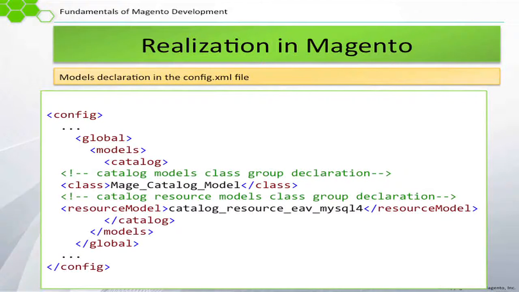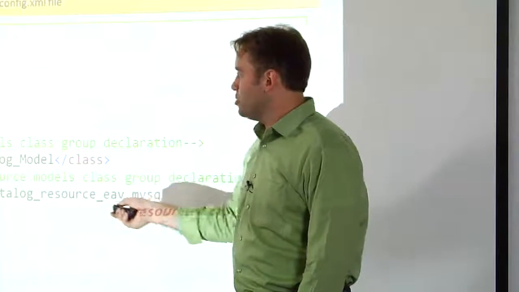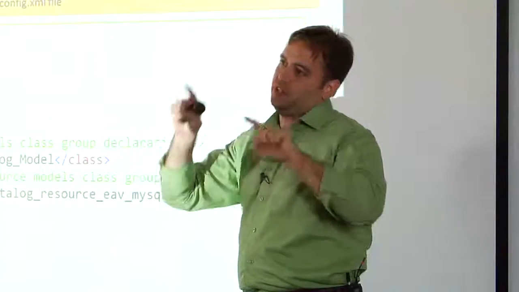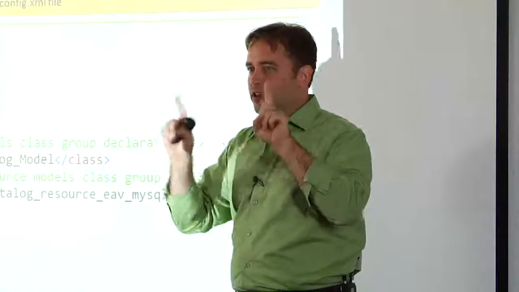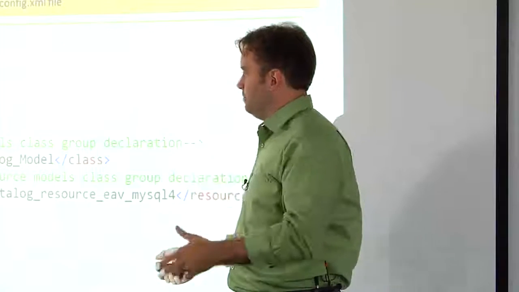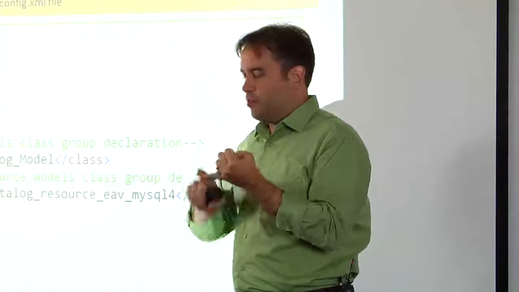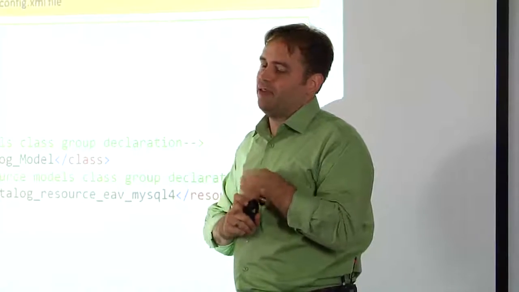Config global models. There's config global models, config global helpers, and config global blocks. This is why those folders are up to you, what you want to call them. This right here is the prefix. And because name and position in the file system are one and the same, this always will map to a file system, and this always will be a prefix for the class name contained in that file.